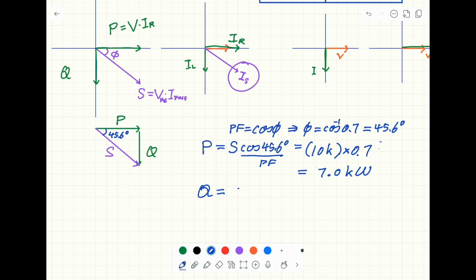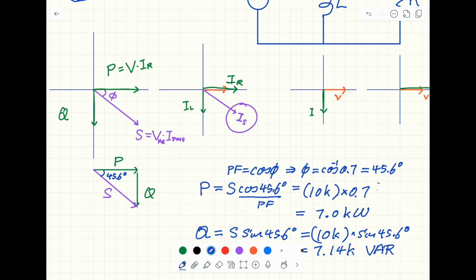So this is S sine 45.6 degrees, and this is 10k sine 45.6 degrees, and you should get 7.14 k. Now this time, because this is a reactive power, even though this is joule per second, the convention is using VAR.